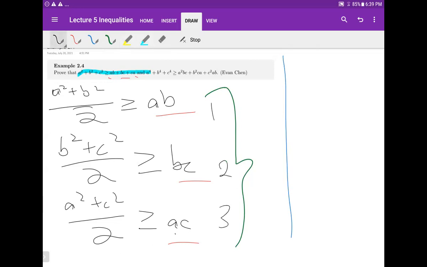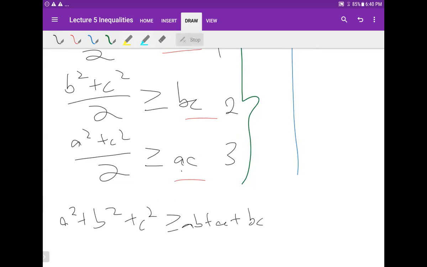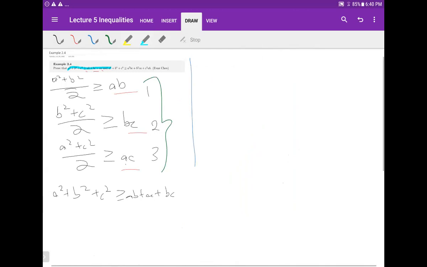So a squared over 2 appears in inequality 1 and inequality 3, so a squared will appear in the sum. If you iterate through this process, you will see that adding together these three inequalities, and you notice the sign is the same in all three of them, we would get that a squared plus b squared plus c squared is greater than or equal to ab plus ac plus bc. So that's the first inequality down.